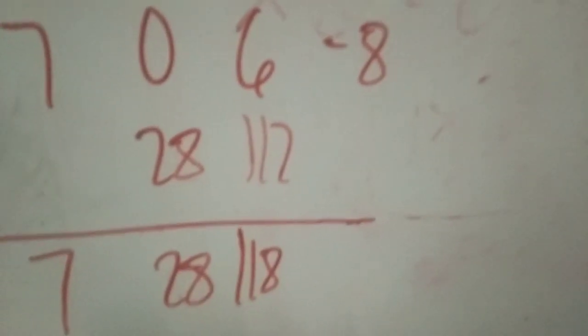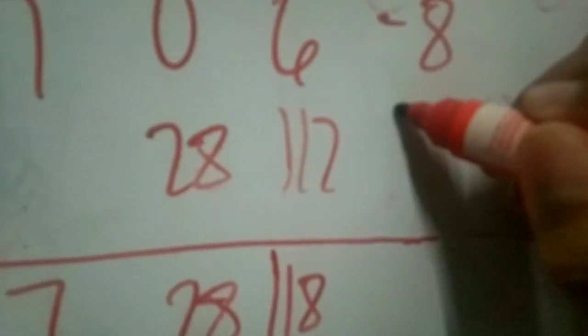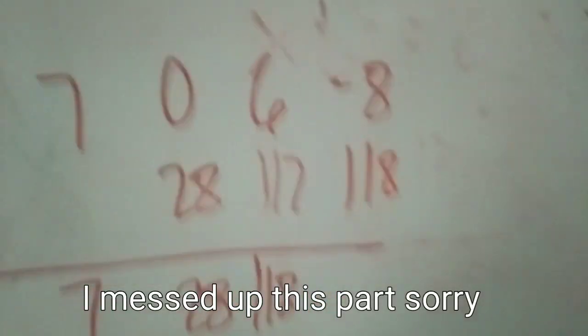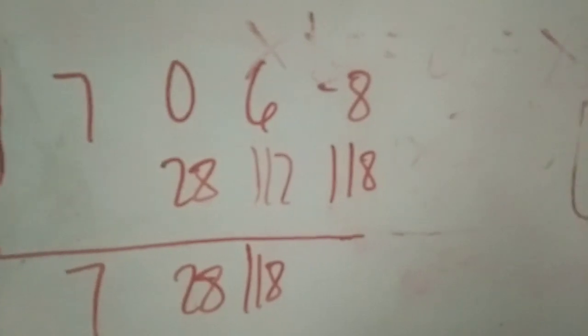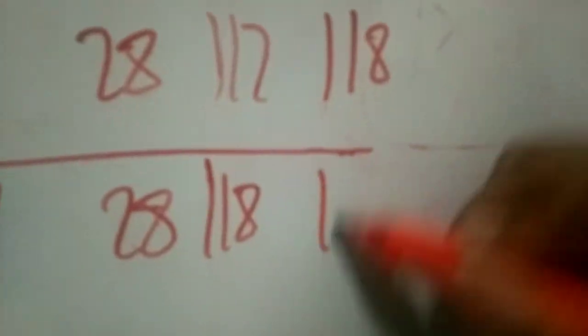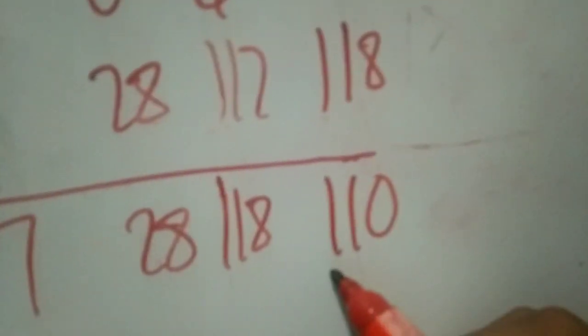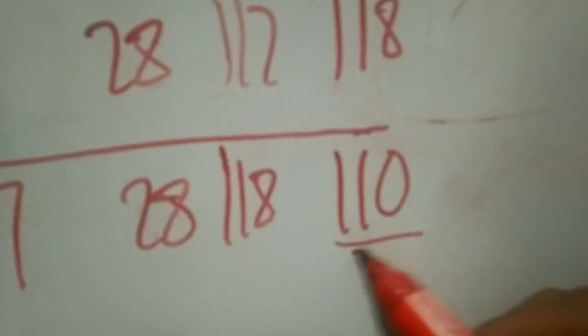Now next, we must do the same process all over again. Negative 8 plus 118 is equal to 110. So of course we have our remainder, 110.